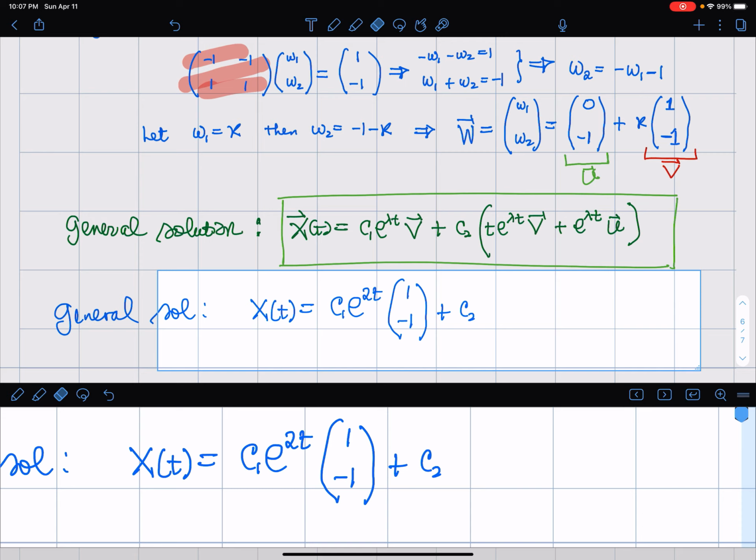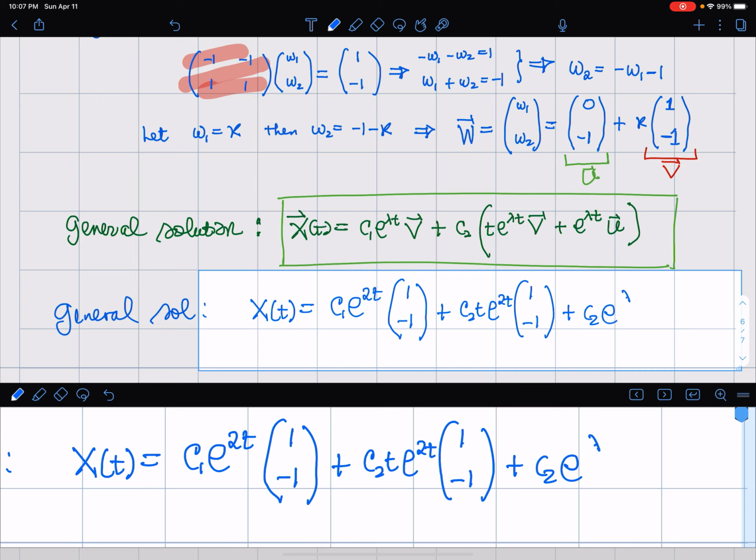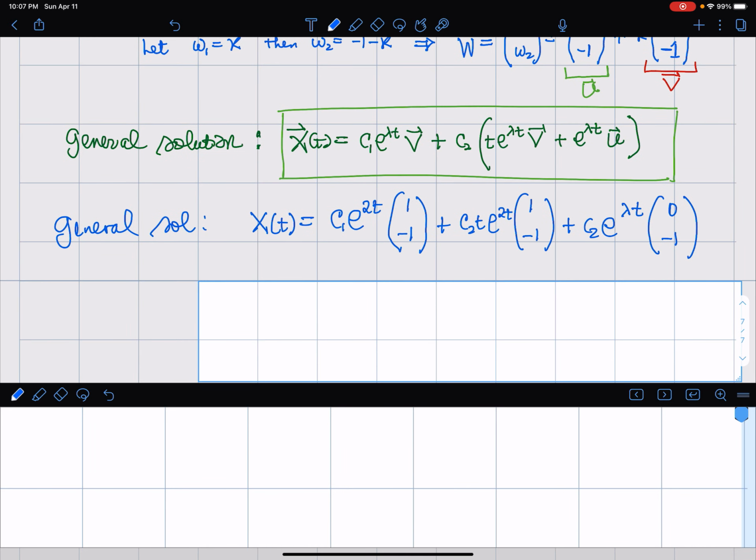I'm going to write it like this. C2 t e to the 2t times 1, negative 1, plus C2 e to the lambda t times 0, negative 1. So that's our solution. And of course, you can split it into two solutions.